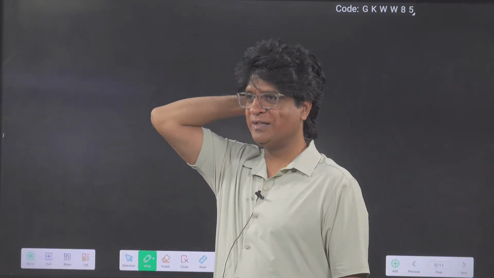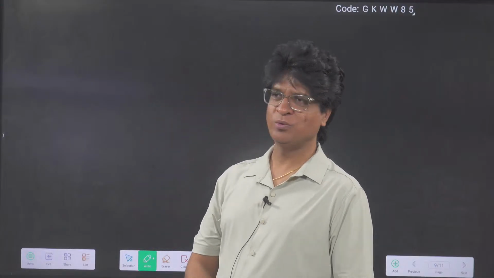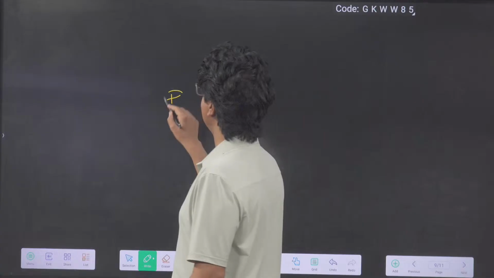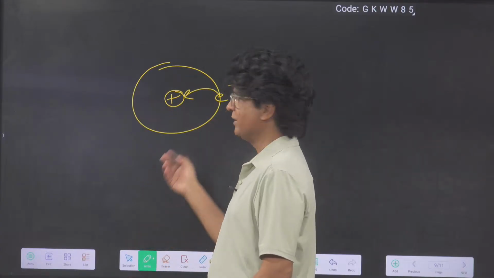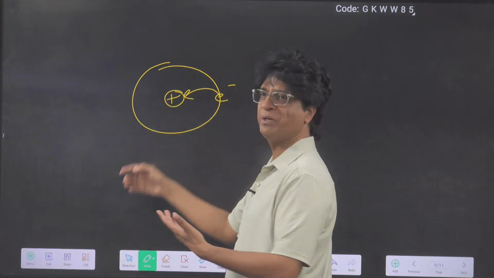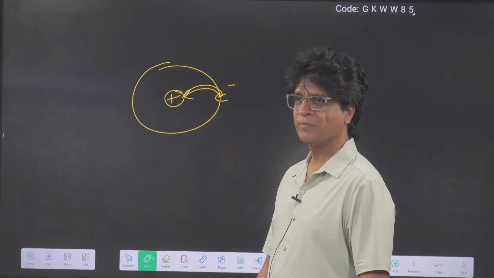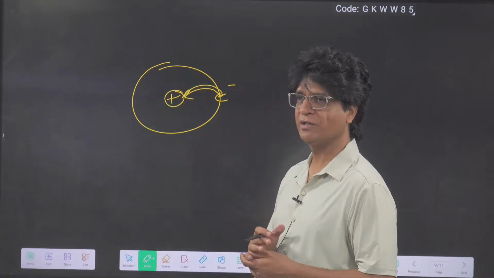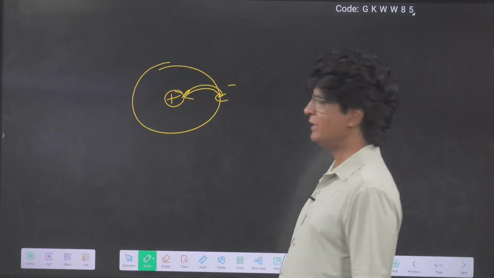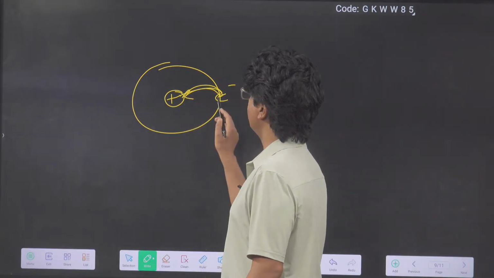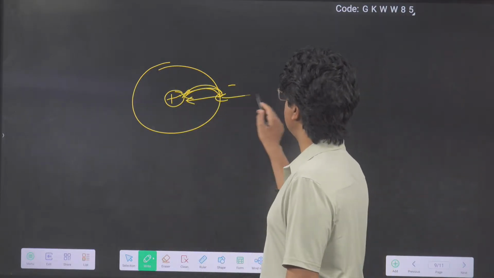Centrifugal force? No, it's not. Electrostatic force of attraction? No. According to the electrostatic force of attraction, 100% it will fall. There is a force of attraction. Nothing can prevent the electron from falling inside the nucleus. That is what I was saying: because of the electrostatic force we have a centripetal force, and this is balanced by what?